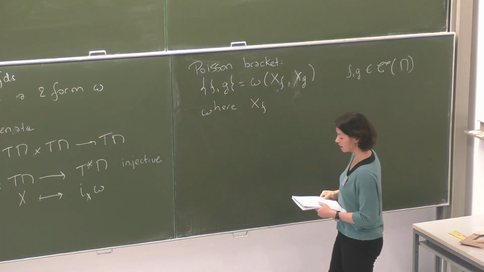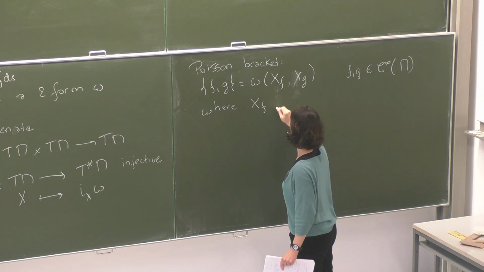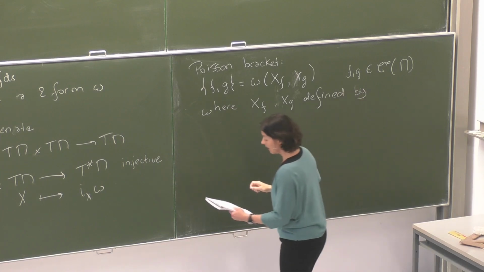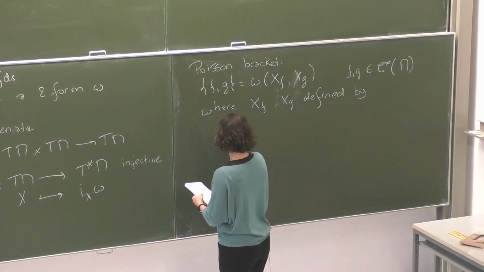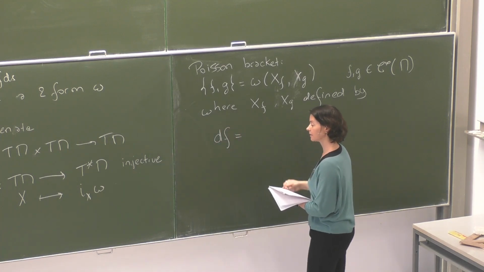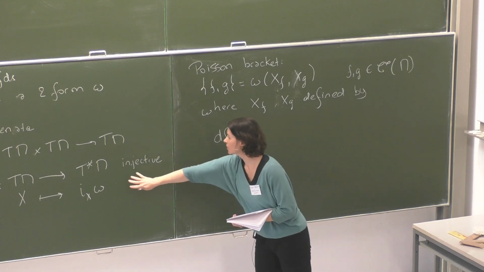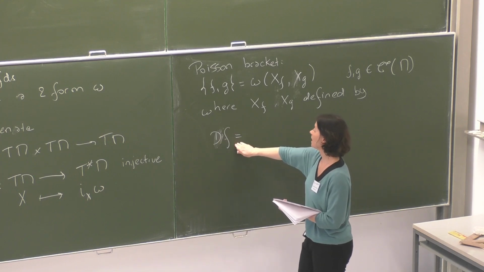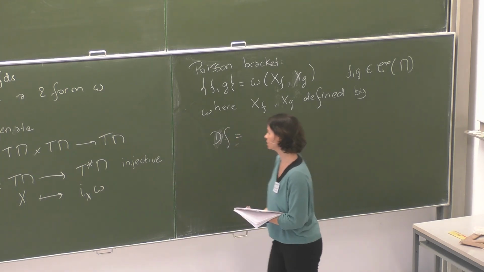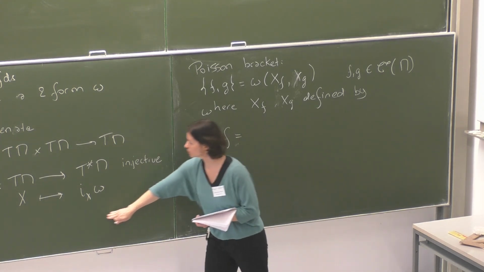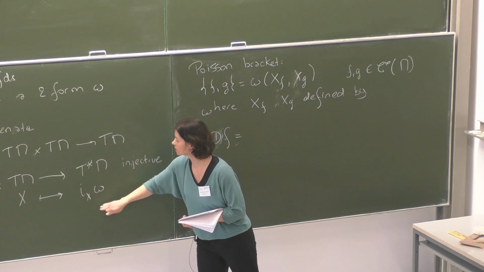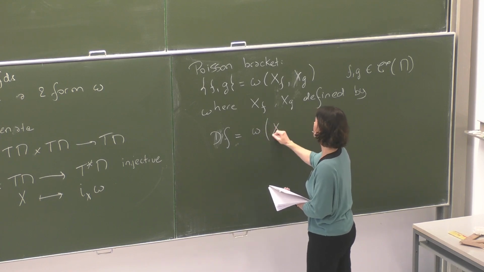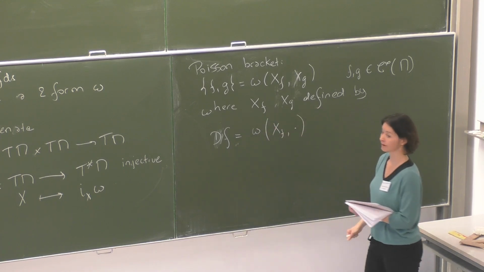XF is defined uniquely, and XG is defined by, and again we take a duality pairing here, because we look at the differential of F, which will give us a covector, and this covector, in the finite dimensional case, can always be written like an inner product with some vector using the symplectic form, and this is exactly the definition of XF.